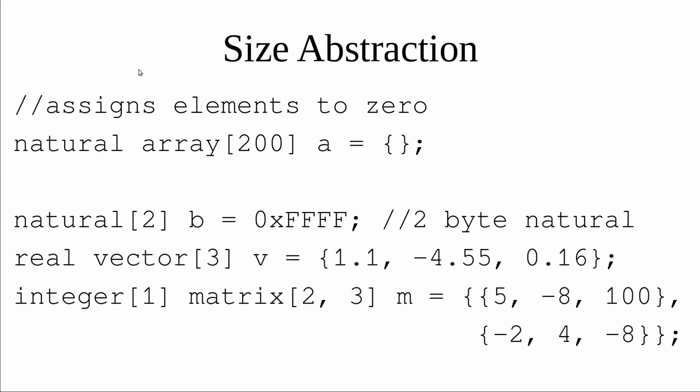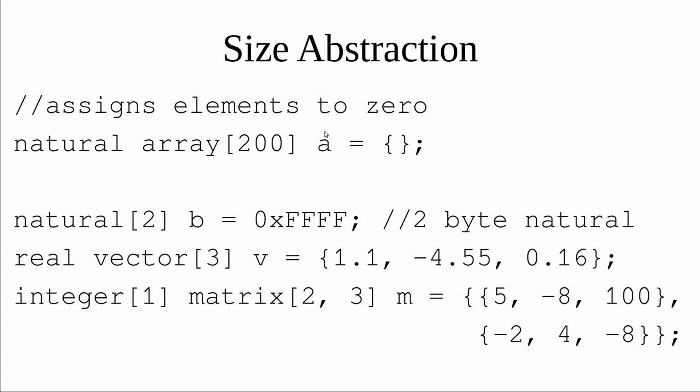Size abstraction. So it uses bracket notation, I'm sure is common to most people with arrays. It's actually on the type though, as you can see here.